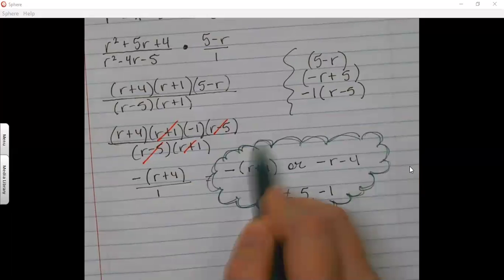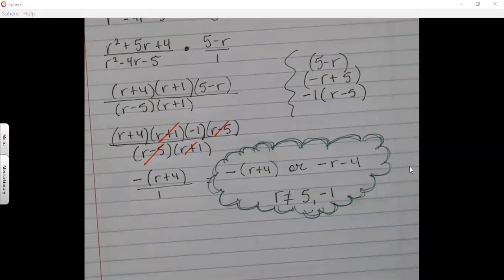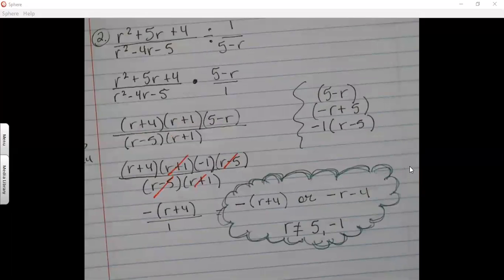Okay, so that's multiplying and dividing rational expressions. Cool beans? Your next section is adding and subtracting rational expressions. Adding and subtracting. So let's do number 11.